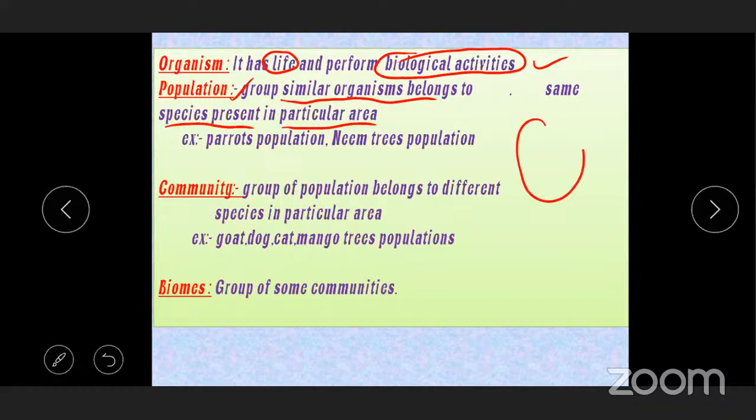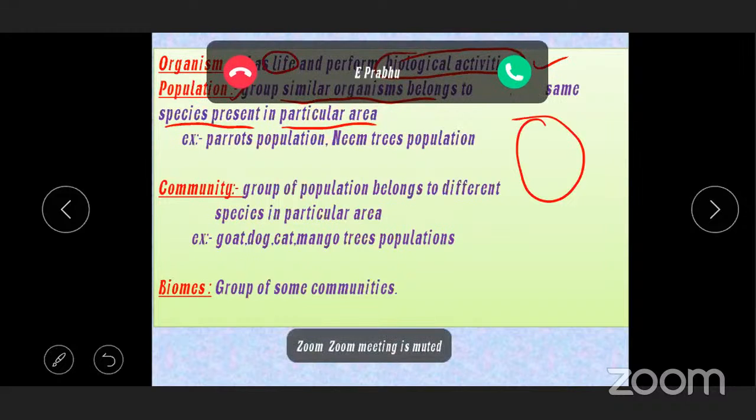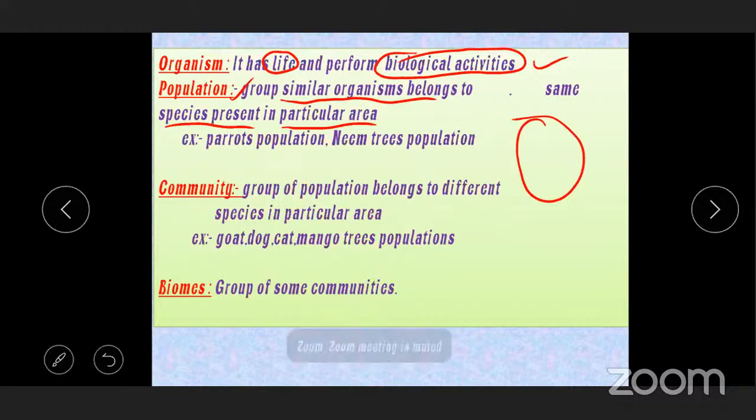For example, this is one area. In this area, different types of organisms are present. Some are parrots, some are rats, cats, dogs, whatever it may be. In this, all dogs belong to one population. All parrots belong to one population, because they are the same species.